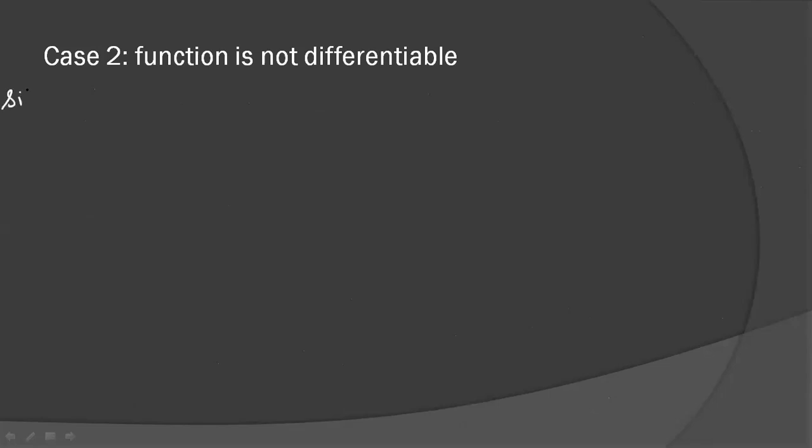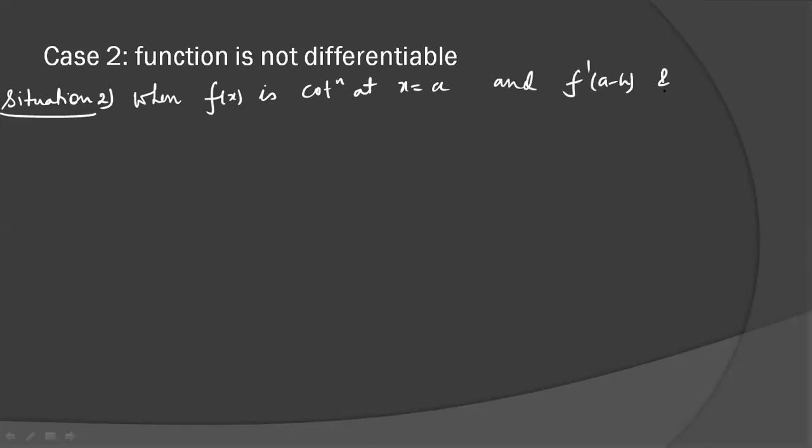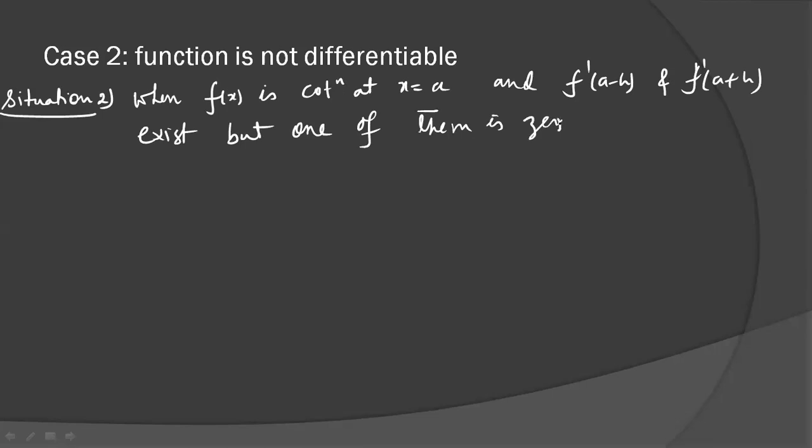The second situation is when f(x) is continuous at x equal to a and f dash(a minus h) and f dash(a plus h) exist. Both are existing, but one of the derivatives, LHD or RHD, is 0.